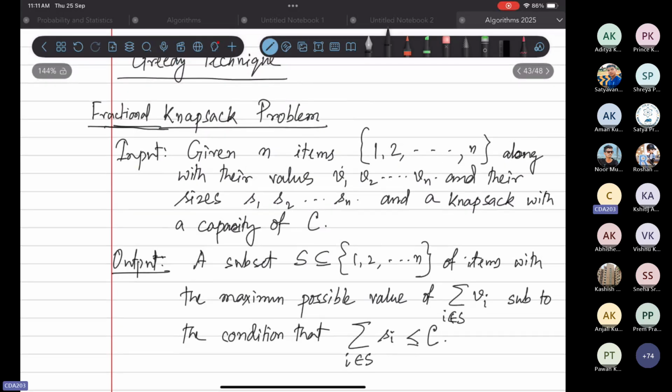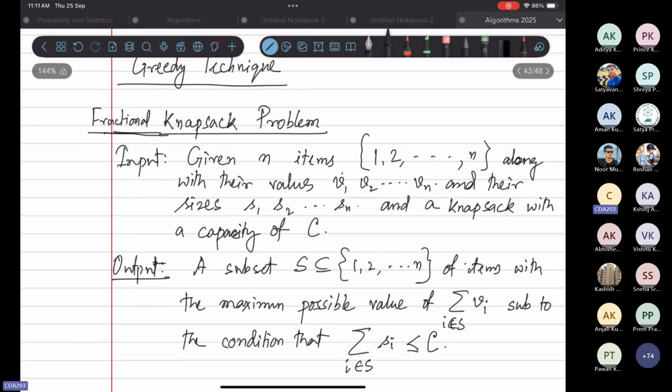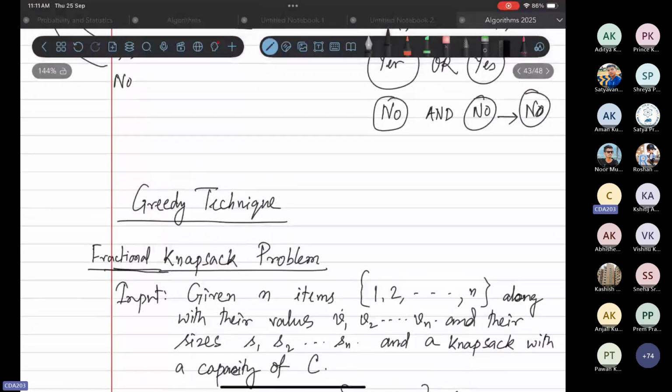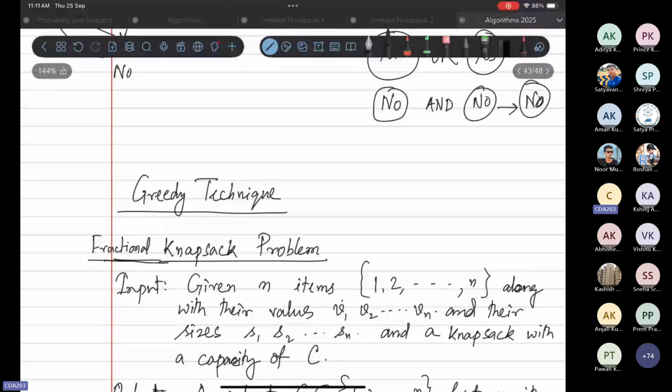So what is the difference? The objective function I have to change, but the input remains the same. I'll be giving you n items along with their values v1, v2, vn, and their sizes s1, s2, sn.